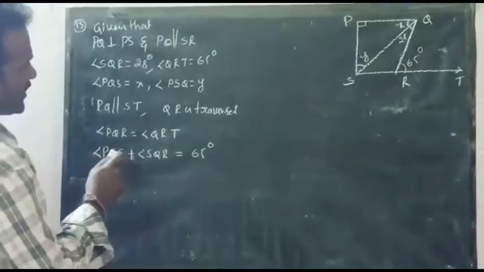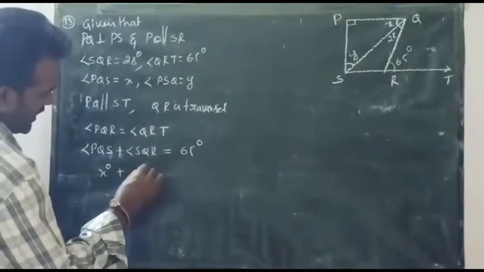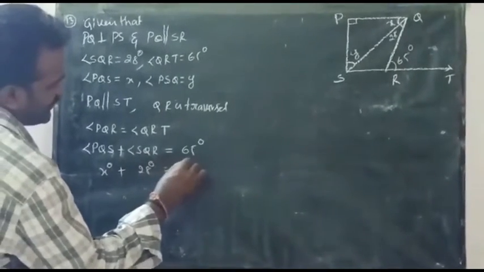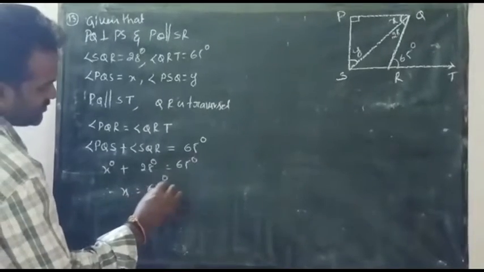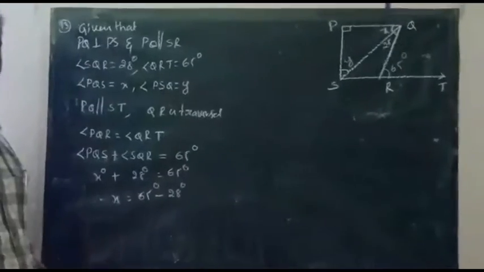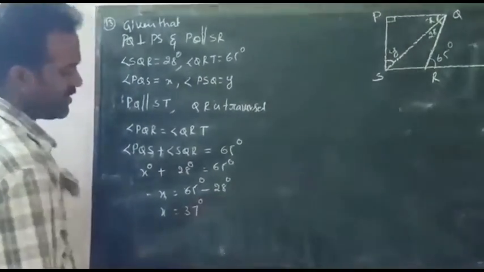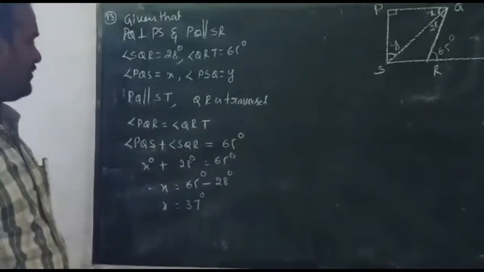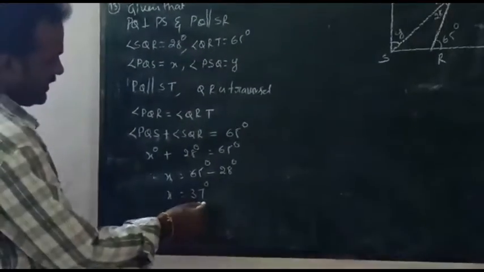Angle PQS is X degrees, plus this angle is 28 degrees, that is equal to 65 degrees. Therefore, X is equal to 65 degrees minus 28 degrees. X is equal to 37 degrees. Okay, X equals 37 degrees.